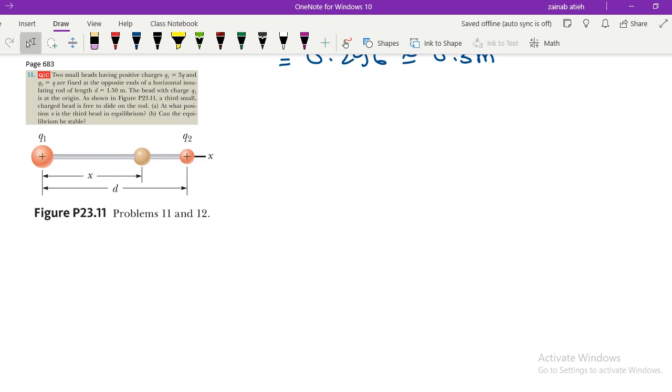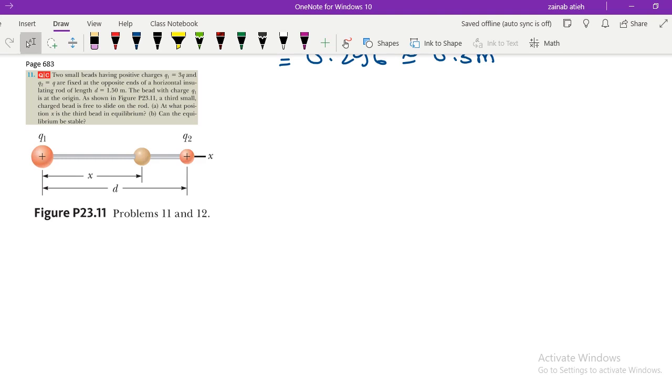The bead with charge Q1 is at the origin. As shown in figure P23.11, a third small charged bead is free to slide on the rod. At what position X is the third bead in equilibrium? Can the equilibrium be stable?